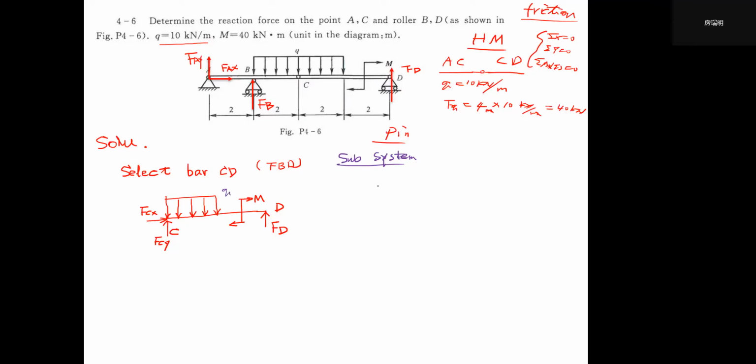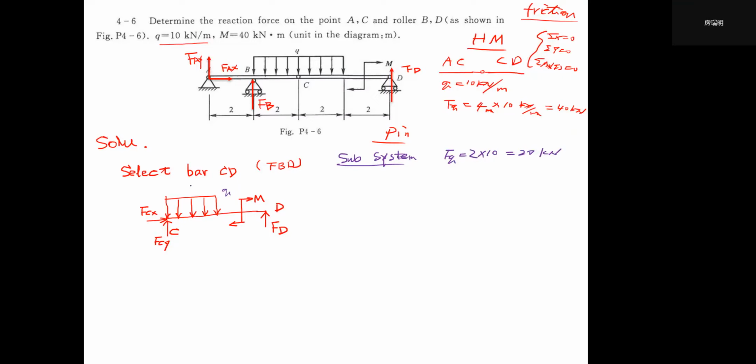So it will have FQ, whose magnitude equals this subpart's area, a half one, its half length, so 2 times Q, which is 10 kilonewtons per meter, will equal 20 kilonewtons. Its action position will be the midpoint of this whole length.